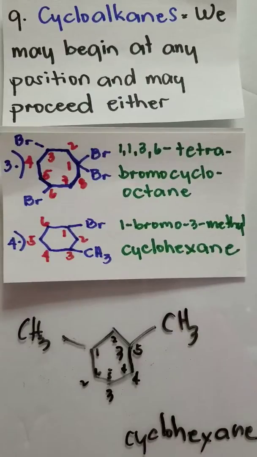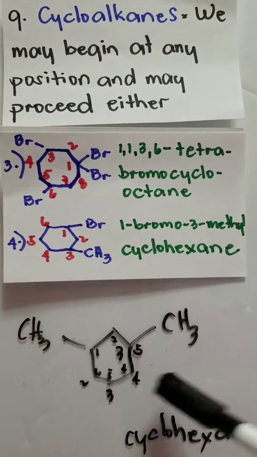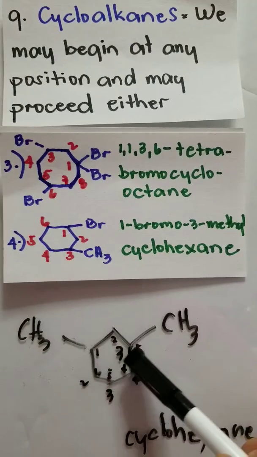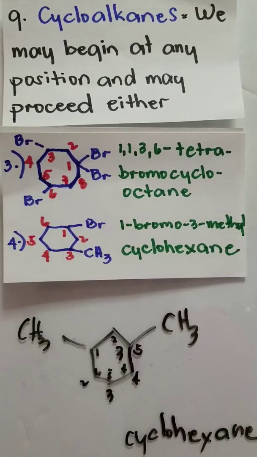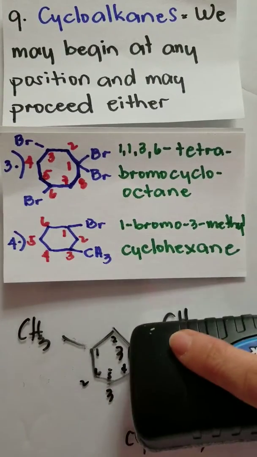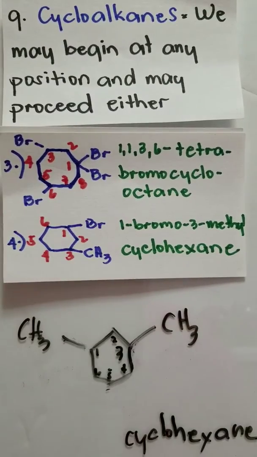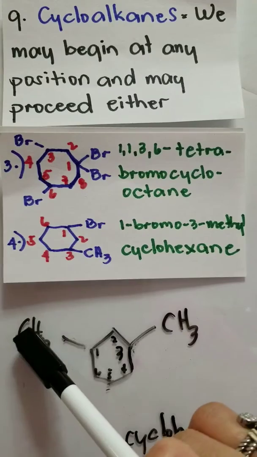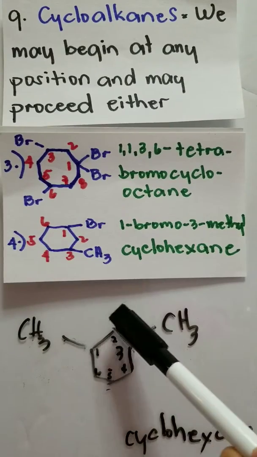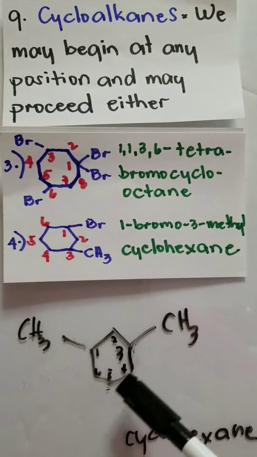The general rule is always consider a group attached to the lowest possible number of the carbon atoms. So 3 is the lowest compared to the 5. Therefore, you are going to go the other direction: first corner, 2, 3 for the second corner, 4, 5 and 6.